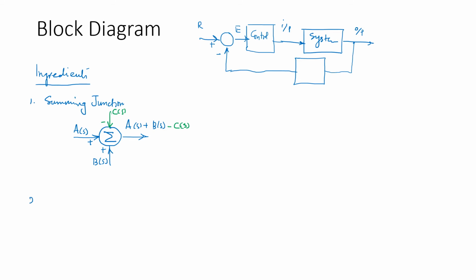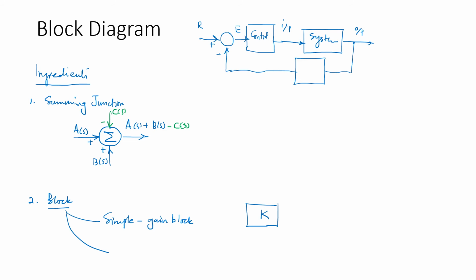The second ingredient can be the block itself. This block can have a simple realization, for example, a simple gain block. And that would look something like this, that you have this rectangular block, but in that you have some sort of gain given to it.